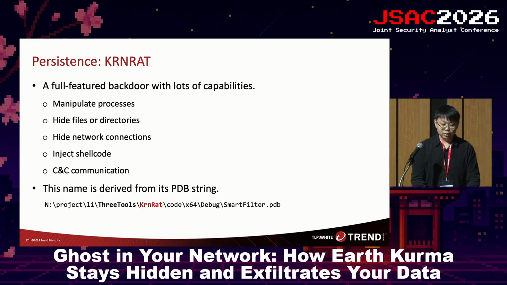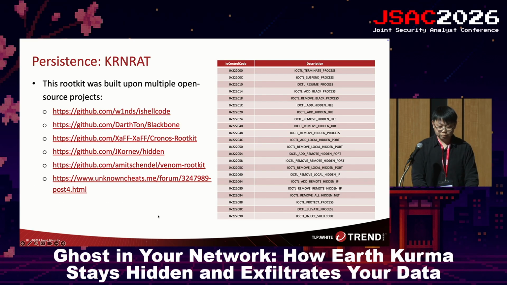As you can see, there's a specific word, KRNRat, here. And this rootkit was built upon multiple open source projects, as listed here. This means that the threat actors are good at building their own toolsets by reusing open source code.